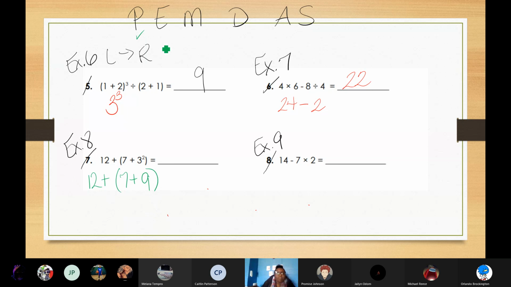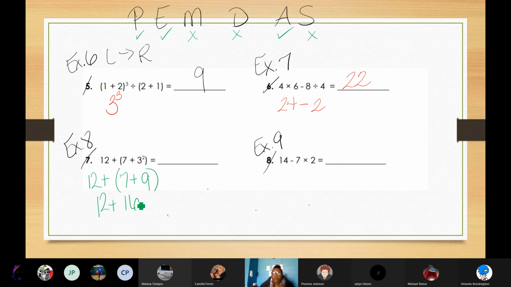Okay? So we've solved our exponents, but we're still working in those parentheses. And what is 7 plus 9? 16. So now we've done everything in our parentheses. We've solved our exponent expression. And now all we have to do, because we don't have any multiplication, no division, is add.